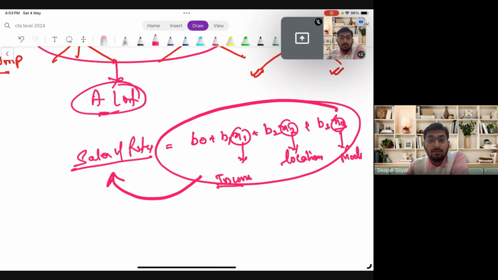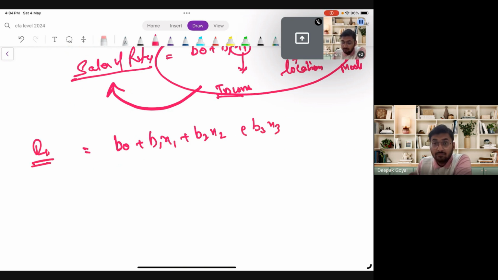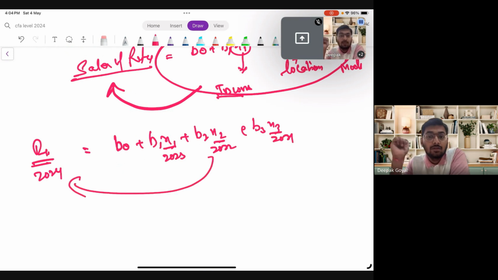Clear? Similarly, we have time series. What is time series? Time series is also like this: B0 plus B1 X1 plus B2 X2 plus B3 X3. Clear? What are the sales of Ritu in 2024? We will take the data of 2023, 22 and 21, and we will predict what the sales of Ritu will be in 2024. Getting my point?